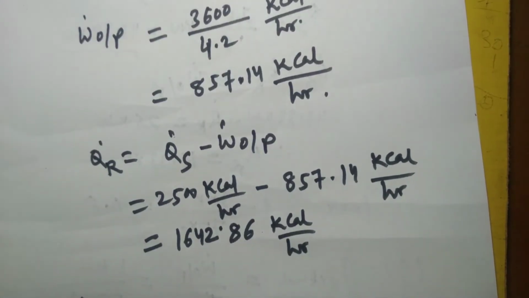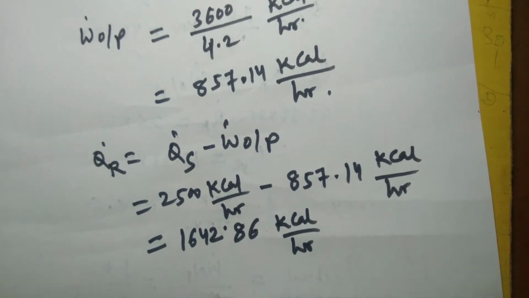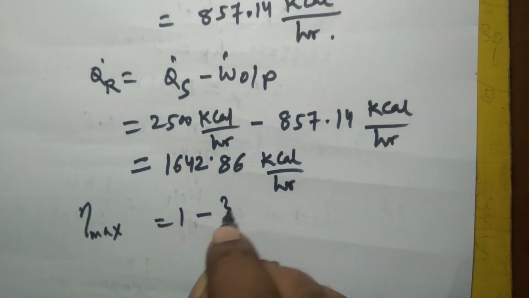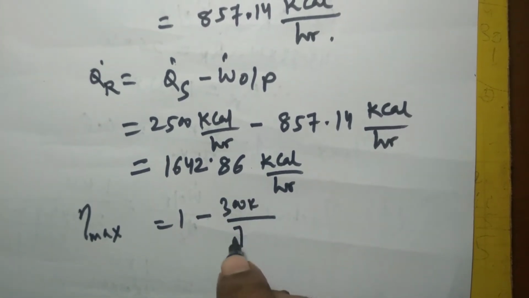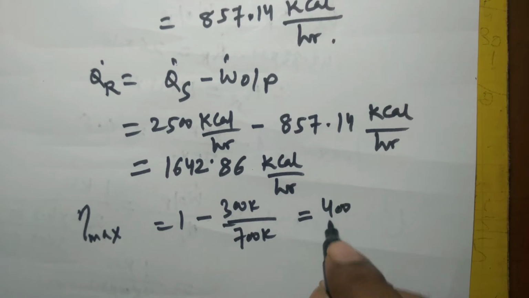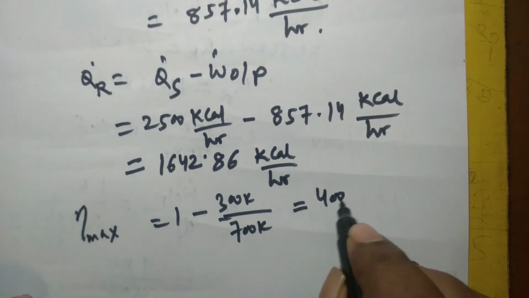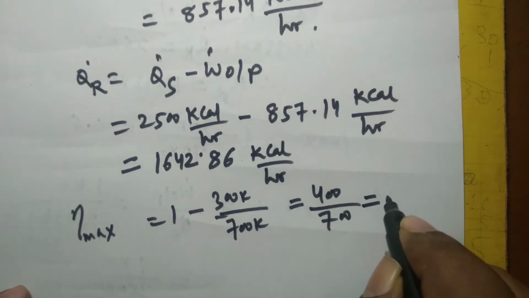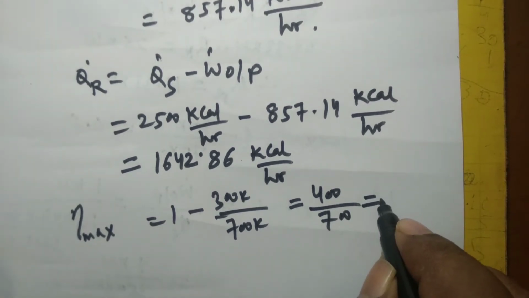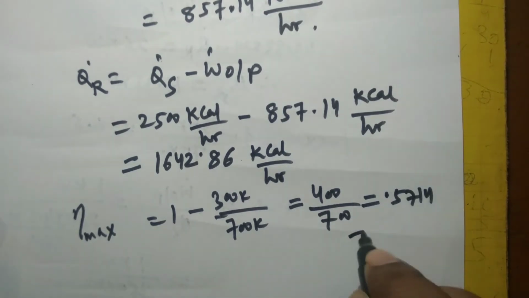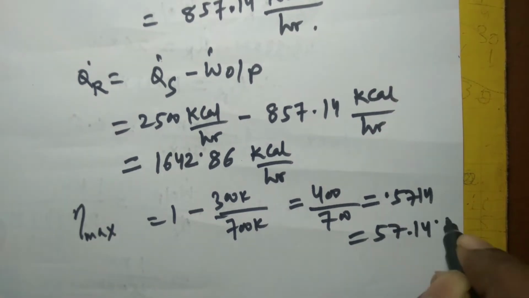You see, the maximum possible efficiency between these two given temperatures is 1 minus 300 Kelvin divided by 700 Kelvin. This is equal to 0.5714 or 57.14%.